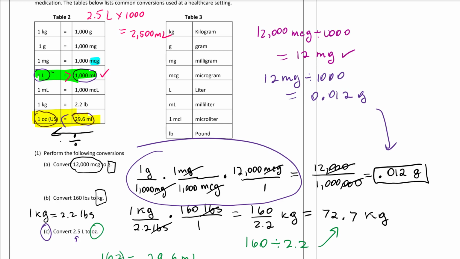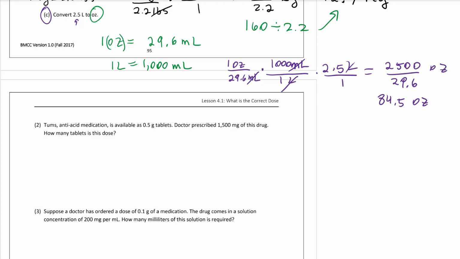So you're going to take 2,500 and divide it by 29.6, because you want to go backwards. And then we get 2,500 divided by 29.6, and that gives us 84.5 ounces, which is the same answer. You understand? So once you go one way, you multiply, the other way you divide. And if there's more than one step conversion, you look at that table more than once.